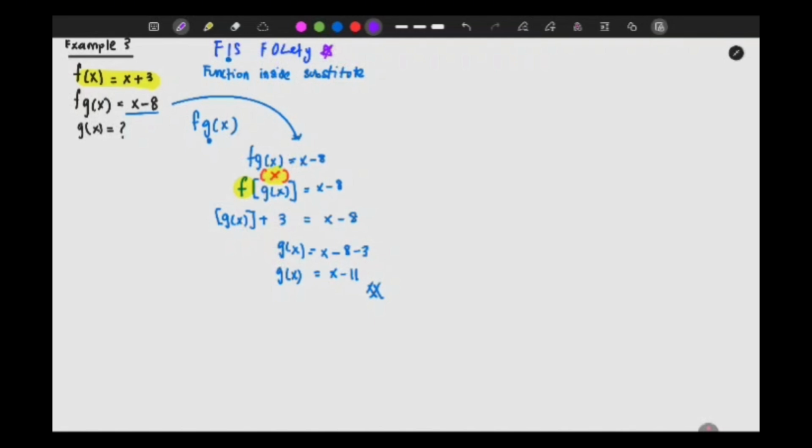Let's check whether fg(x) is correct or not. So fg(x). First thing first, we expand them. Let's find. So what's your g(x)? As we find, it is x minus 11. And I did tell you that whatever inside the bracket, assume it as x. So it's f(x). Now your x is not x, but it's x minus 11. So replace your x with x minus 11.